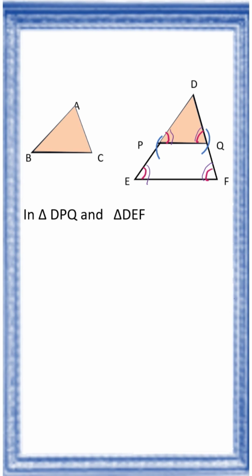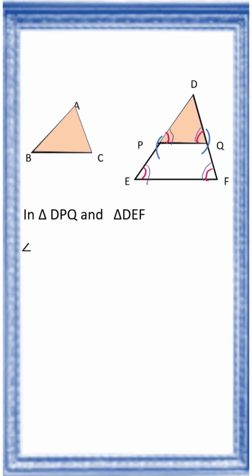So in triangle DPQ and triangle DEF, we have to prove that they are similar, and we have to write their corresponding sides. We have learned that if two triangles are similar, then their corresponding sides are in proportion, in the previous theorem. So here they are similar.